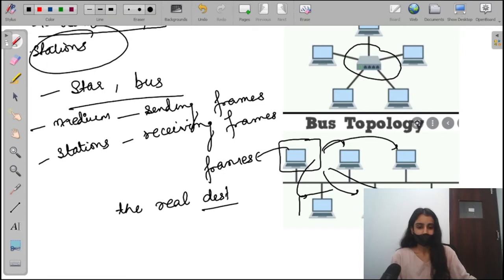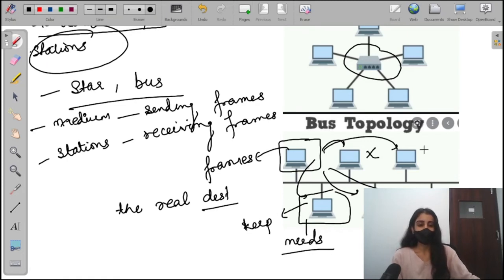Suppose only this station needs the frame. So only this station will keep the frame and the rest of the stations will discard it. This was the working of standard Ethernet: only the one station that actually needs the frame would keep it and the rest would discard it.